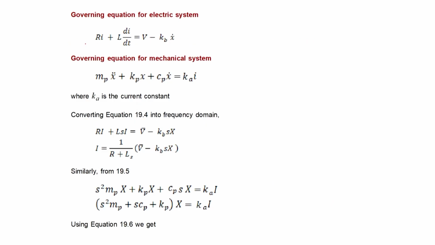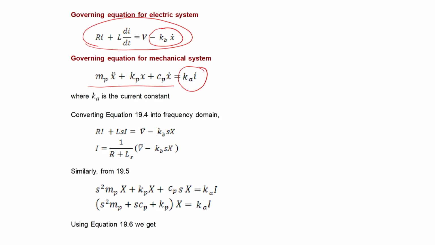This is a similar electrical circuit, with only one important difference: you are getting a back EMF because of the vibration. The velocity of the proof mass actuator generates a back EMF, which works against the voltage, and the governing mechanical equation of the system has this actuation force involved with it.